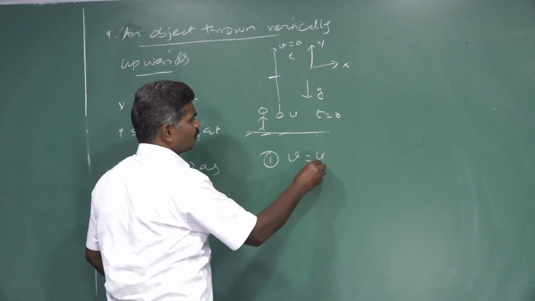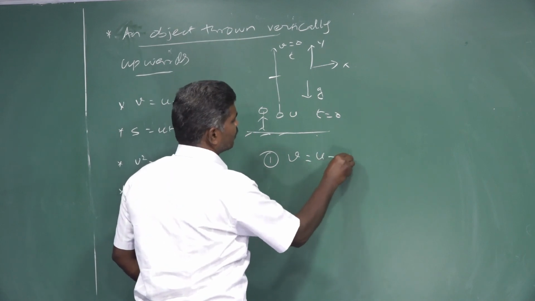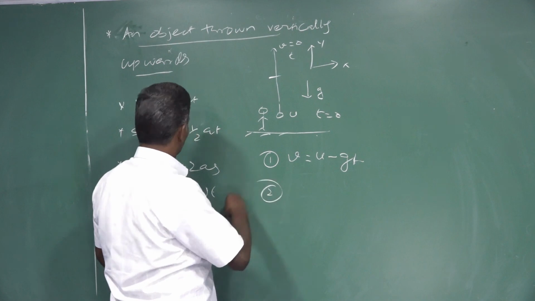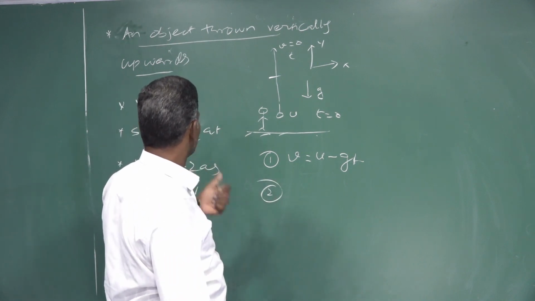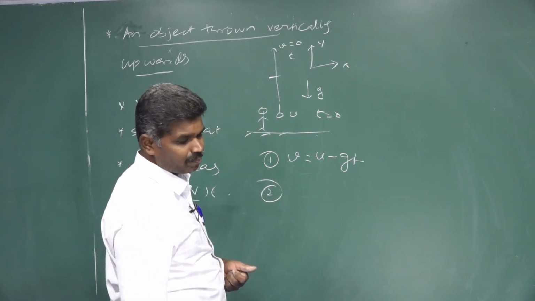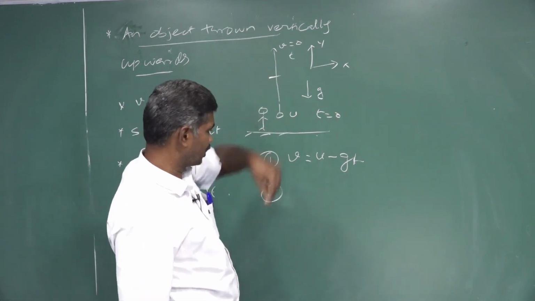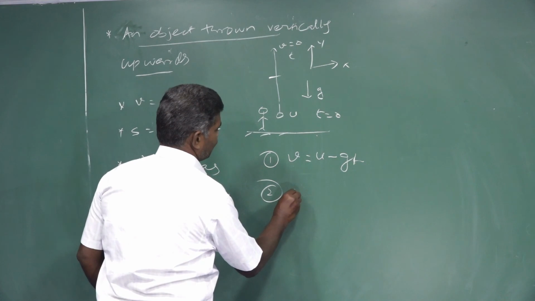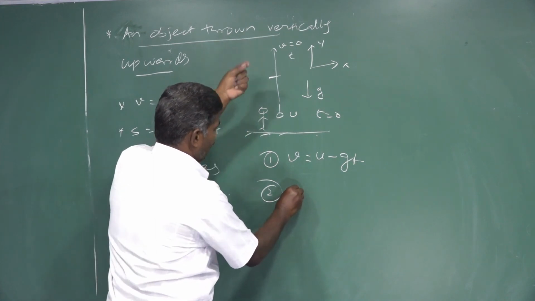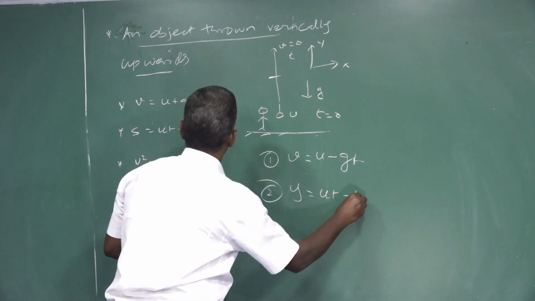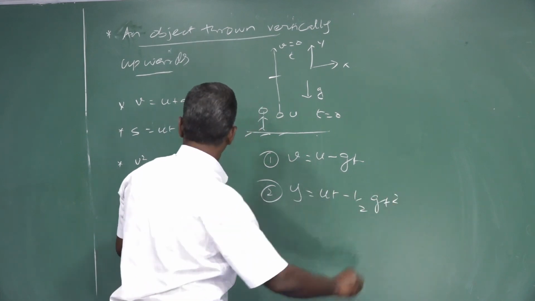That's why v is equal to u minus gt for a vertically upward thrown object. That is the first equation. The second equation is s is equal to ut plus half at square. There gravity is in the downward direction and the movement is upward. That's why, taking the y-axis, y is equal to ut minus half gt square.